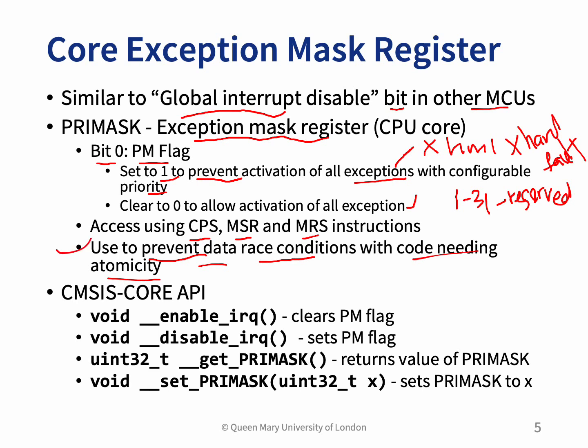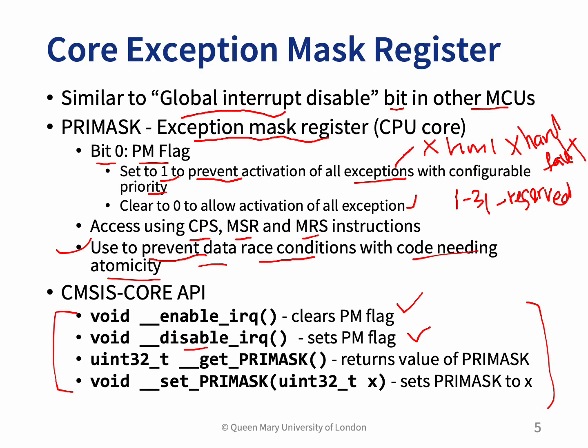In terms of how we can use the CMSIS core API to write the PRIMASK, it is the following. The first one is that enable IRQ clears the PM flag, and disable IRQ sets the PM flag, because when we set it to 1, it will prevent the activation of all exceptions, right?